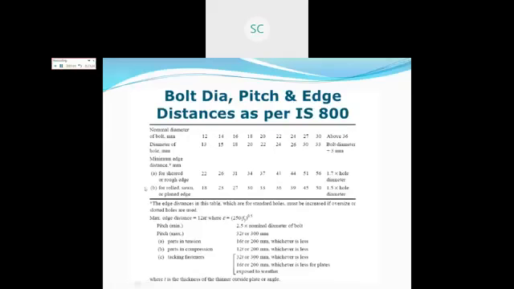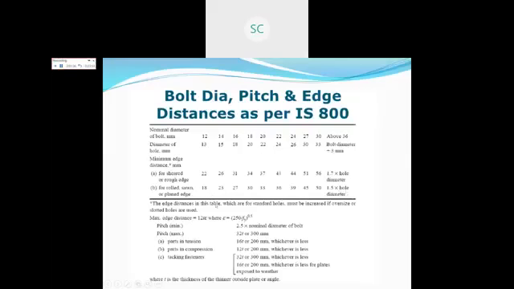And then minimum edge distance for sheared or rough edge: 22, 26, 31, 34, and 1.7 times hole diameter minimum edge distance. And for steel rolled, sawn or planed edge, this is 1.5 times the hole diameter.